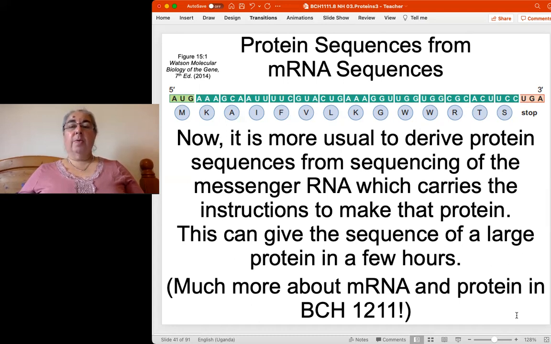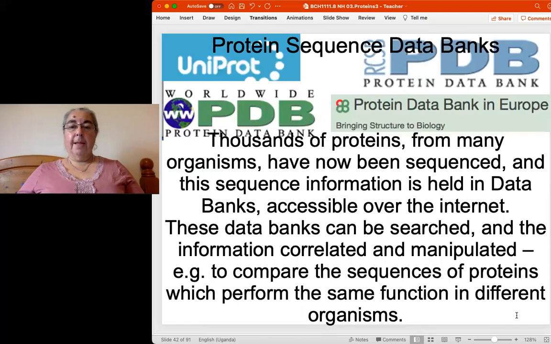Okay, so protein sequences. We know a lot of protein sequences now. And these sequences are stored in data banks. So thousands of proteins from many, many different organisms have been sequenced, and these sequences are stored in data banks which can be accessed over the internet.